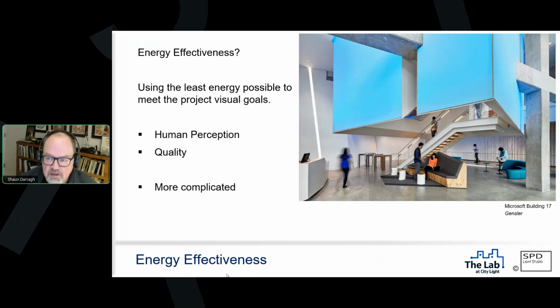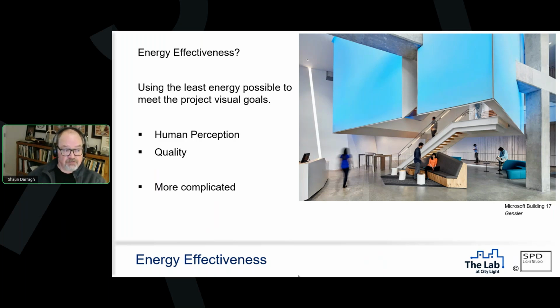But this is an excellent example, right? Here over at Microsoft, we've got a 27 square foot cube, right? That is internally illuminated, the big blue cube there. That has really basically nothing to do with the human visual system and everything to do with trying to create an experience within that space that emphasizes the vertical circulation and encourages people to walk up the stairs rather than using the elevators.